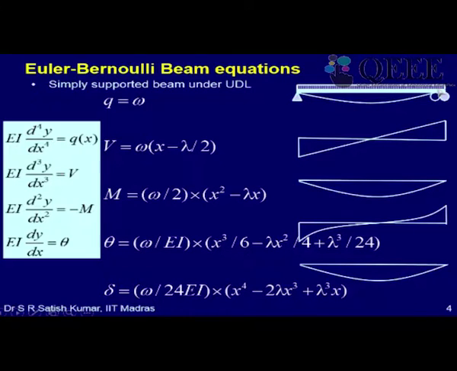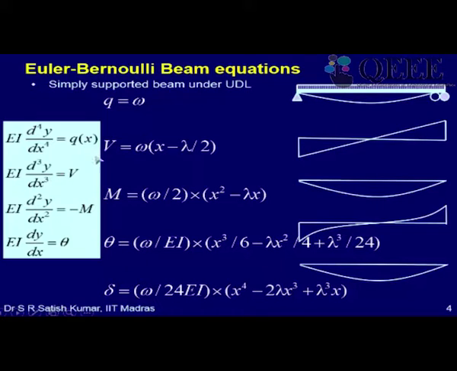Since the loading is symmetric, we can say that, for example, the shear force at midspan will be 0. So if I put that at x equal to L by 2, V is 0, I get that constant C as minus WL by 2. So my V becomes W into (x minus L by 2), okay. So that is how I will get the shear force.